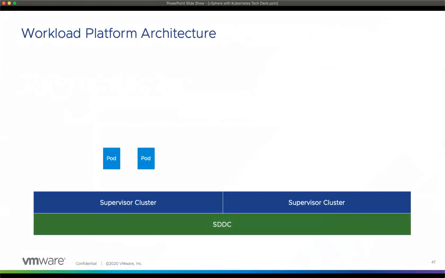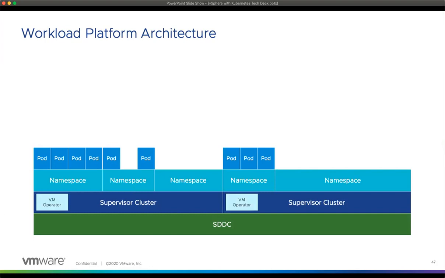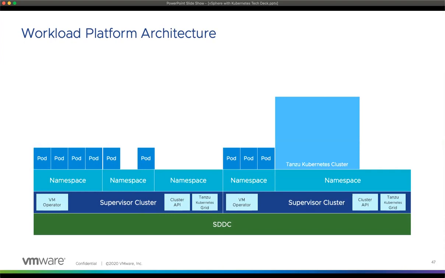So the platform architecture is going to look like this. I have an SDDC. I have Supervisor clusters per ESX clusters. I have multiple namespaces. They can be running pods. The VM operator is what starts up the Tanzu Kubernetes clusters and creates the virtual machines that are running there.